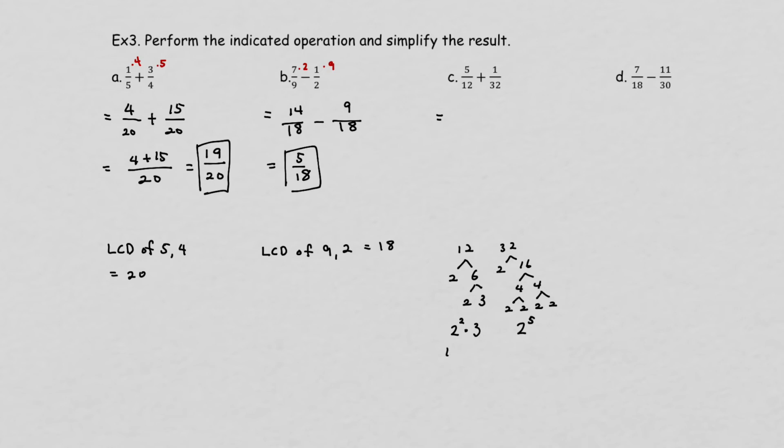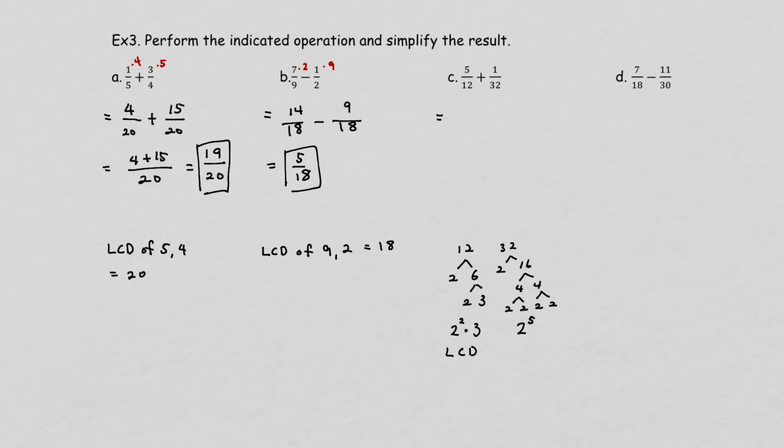And to find the least common denominator of these two, use all the factors. And if you have the same factor, then use the one with the higher exponent. So out of 2, you have 2 squared and 2 to the 5th.